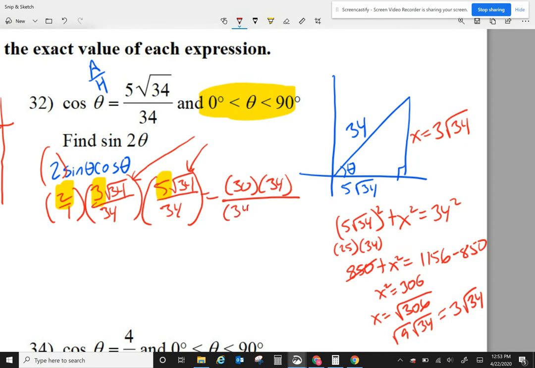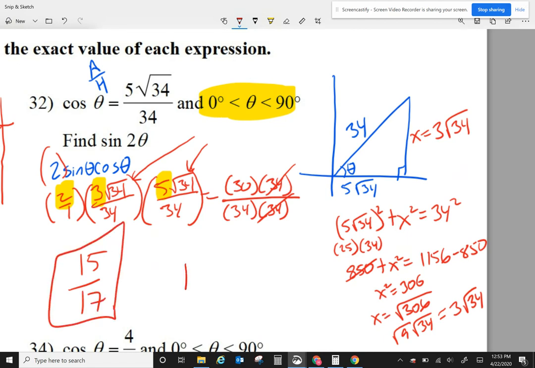I have 34 times 34. Cancel those 34s. So my answer is 30 over 34. Obviously, simplify the fraction if possible. 30 over 34 can be simplified as 15 over 17. The way you will type it will be 15 over 17.